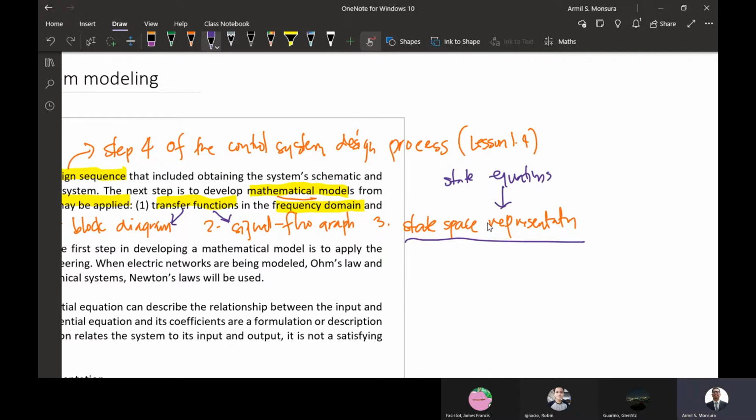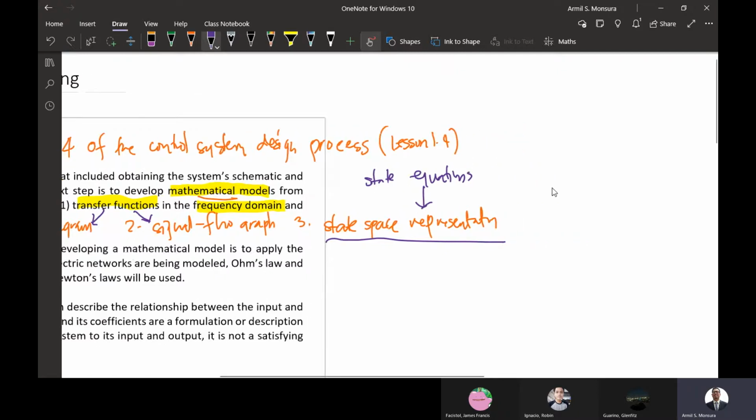Now, actually, ang state equations or ang state space modeling, okay, yung procedure behind this is called state space modeling. Okay, is actually a newer and advanced approach in developing models for your physical system. Okay, this is much newer than the use of transfer functions.